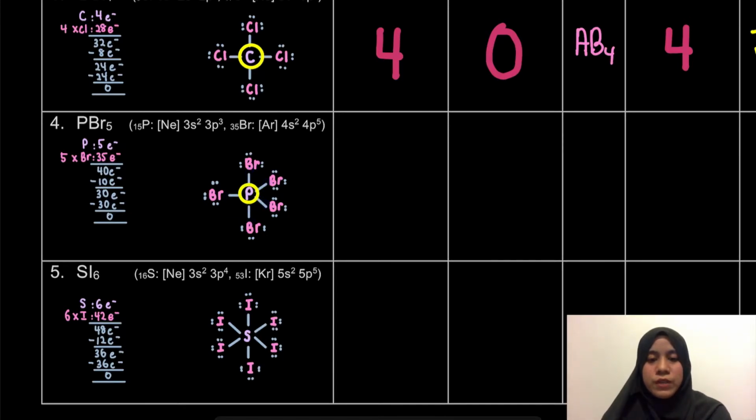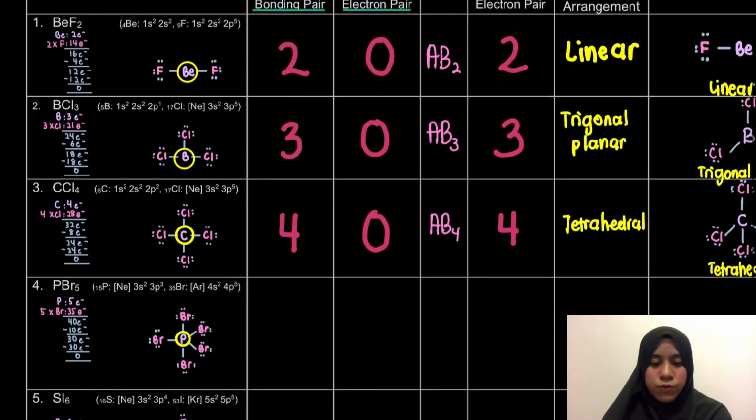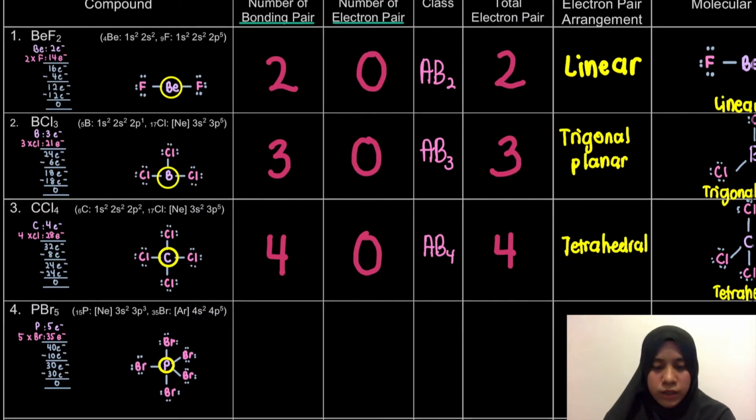Okay, so kita tengok how to fill in our box ni. Siapa yang write down their own notes, memang aku paste je lah yang ni. Okay, so dia ada 5 number of bonding pair. On our phosphorus, we do not have any lone pair. So 0. What is the class? AB5.